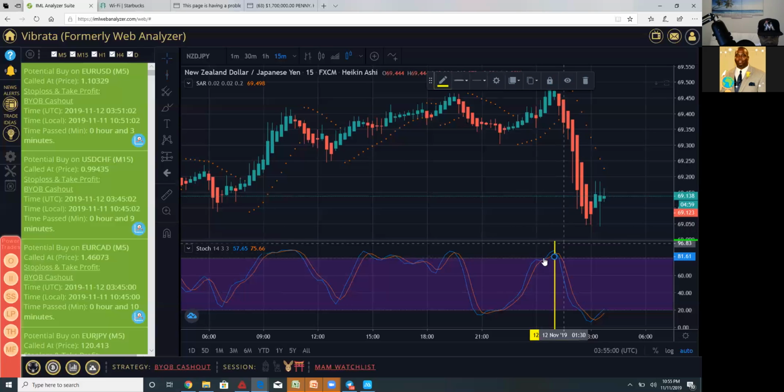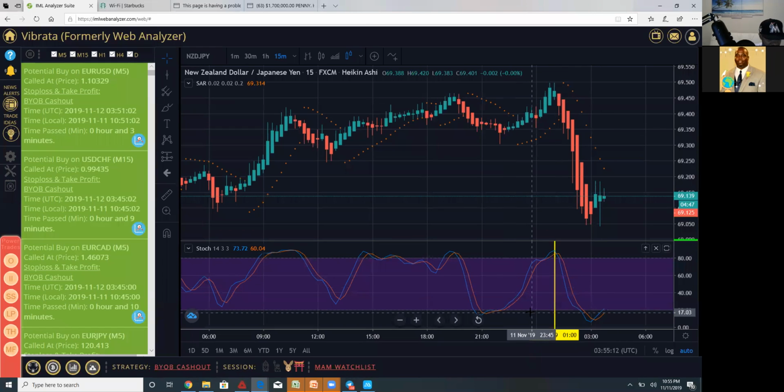All right, so right here, we can see that the blue line crossed over this red line, but it was pointing down. If you guys can see that, it was pointing in a downward motion. That's the first sign. If we had gone back 15 minutes, a couple of hours ago, that's almost 3 hours ago, on this NZD/JPY, about 8 o'clock, since it's almost 11 now, what you would have seen was this blue line crossed around the 80.